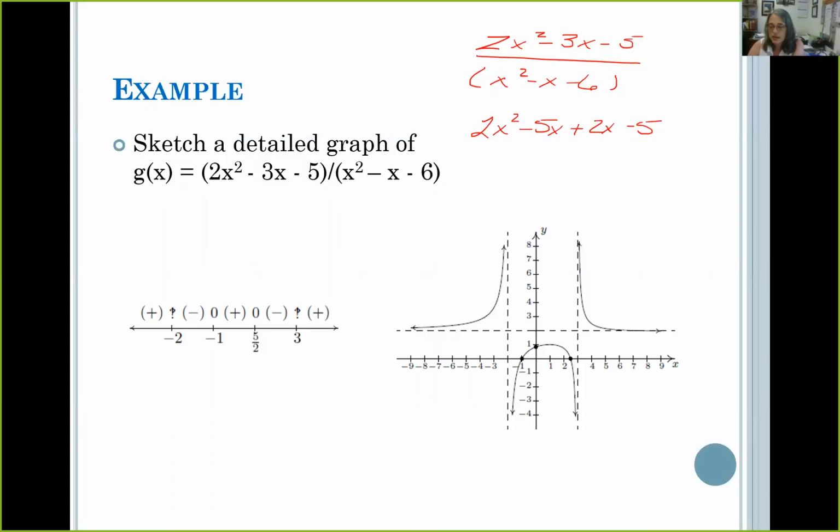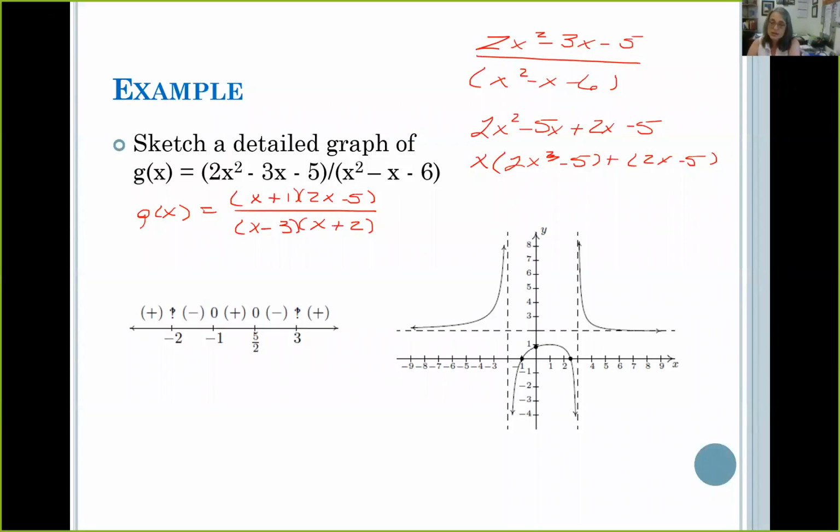Factor out the x from the first set, and I'll get x times 2x minus 5 plus 2x minus 5. So my function in factored form is going to be x plus 1 times 2x minus 5 over, if we factor the bottom, x minus 3 times x plus 2.